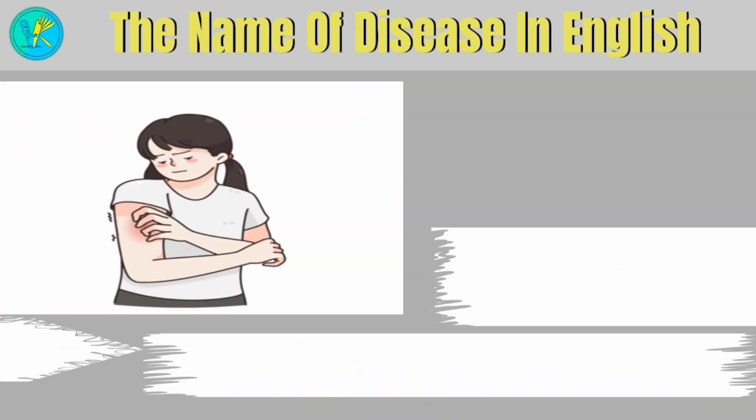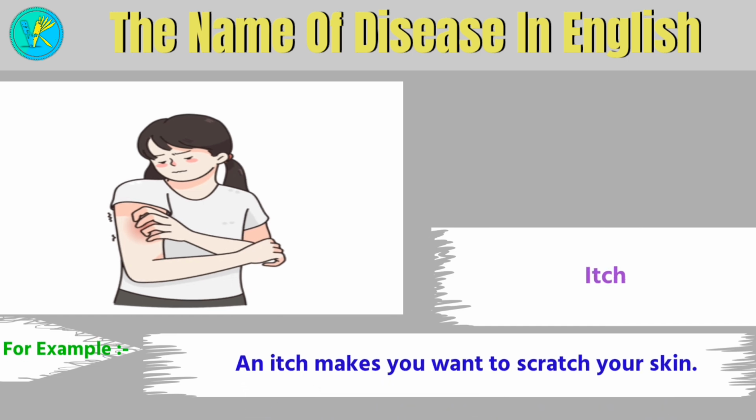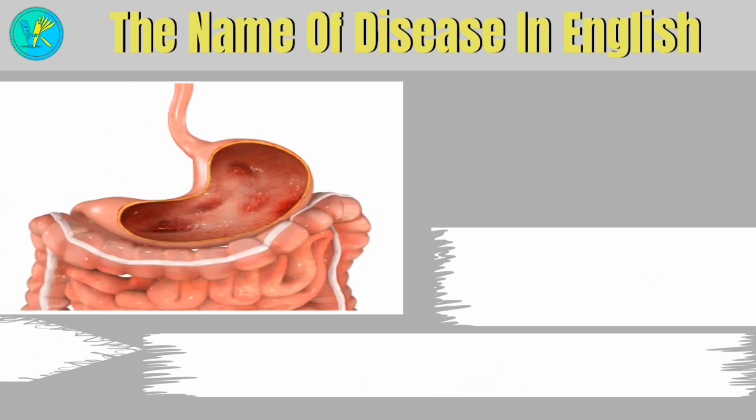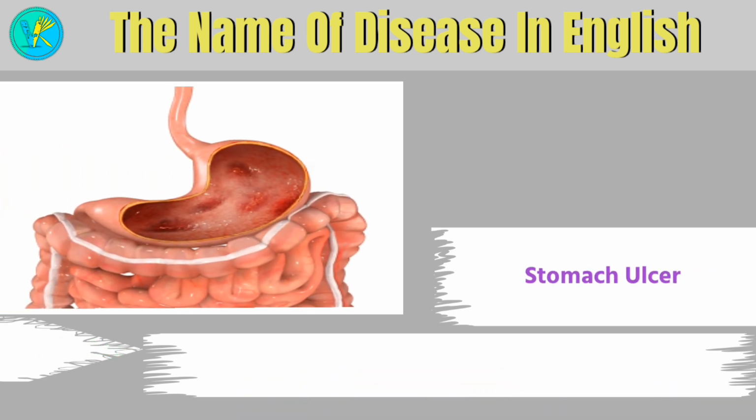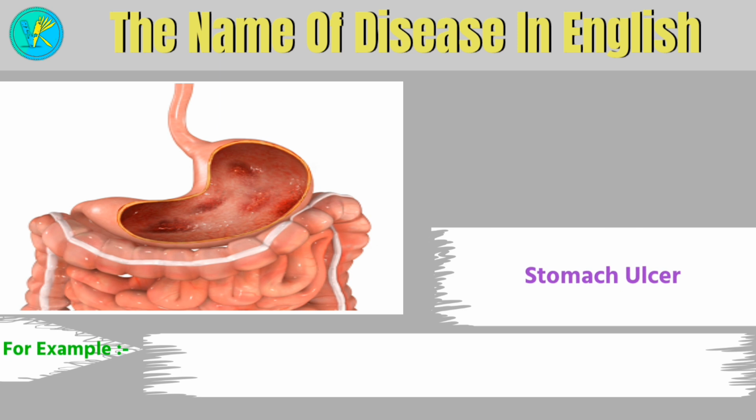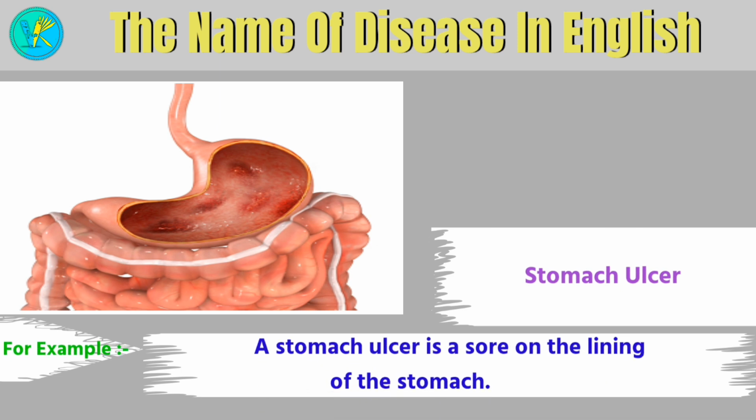Next, itch. For example, an itch makes you want to scratch your skin. Next, stomach ulcer. For example, stomach ulcer is a sore on the lining of the stomach.